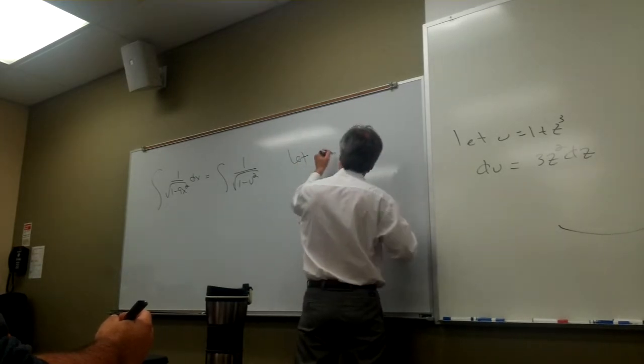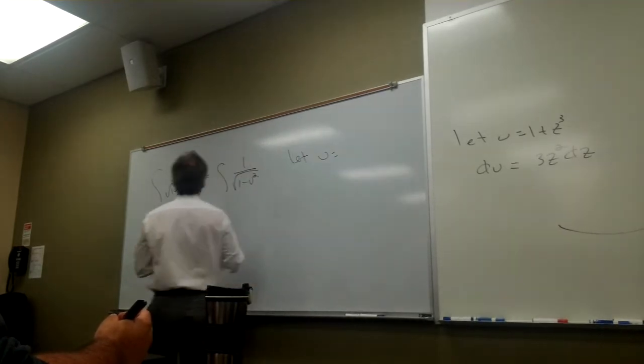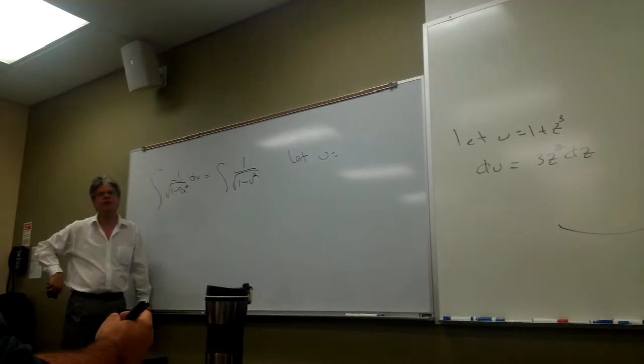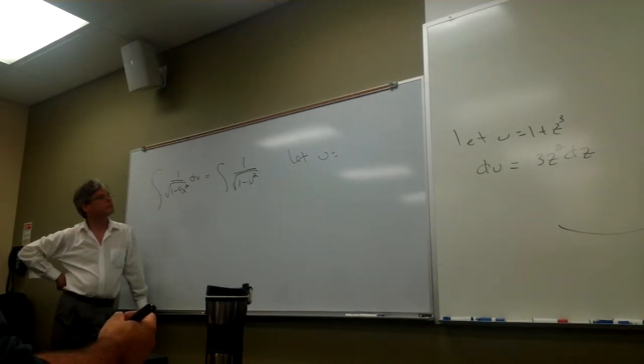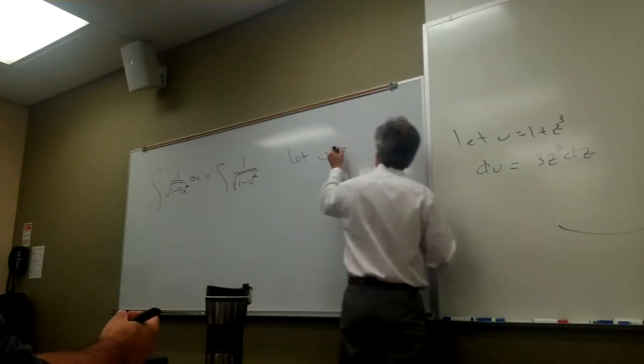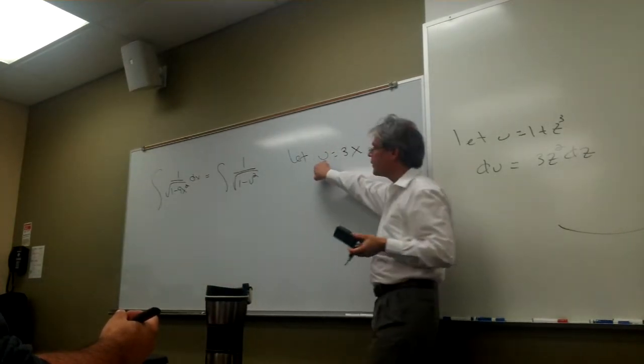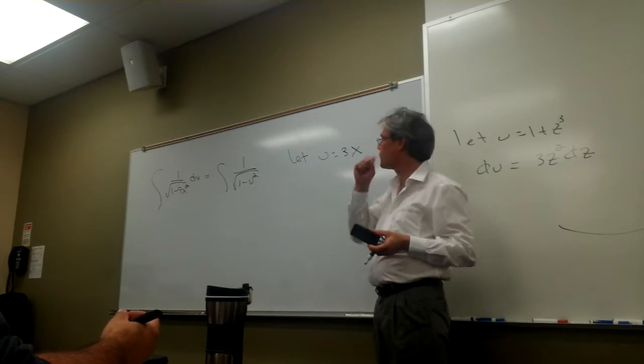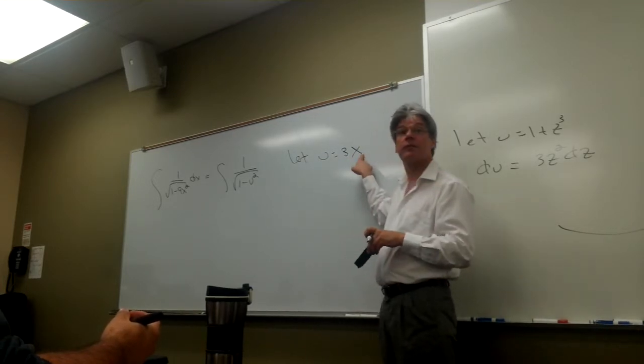If I were to do this, then what would u be so that this 9 completely disappears? 3x. But if u is equal to 3x, then what would you say about u squared? 9x squared. What would you say about x in terms of u?